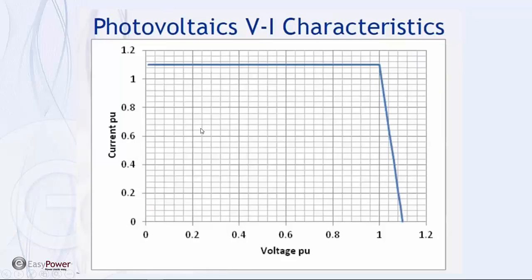And as we noted last week, photovoltaic voltage current curves, or IV curves, have a very nonlinear plot, but they still yield some valuable information in that when we have a short circuit, the maximum current that can be produced by the photovoltaic panel or system is roughly 10 to 15% greater than the rated current of the panel.